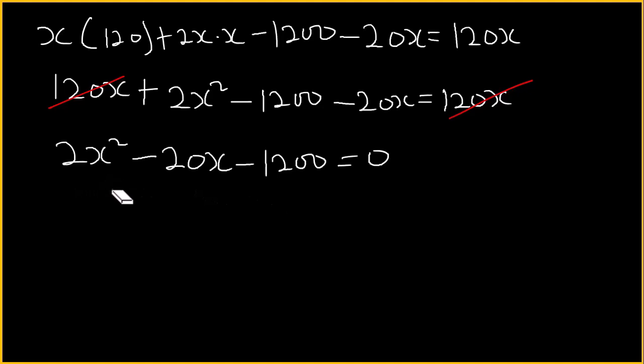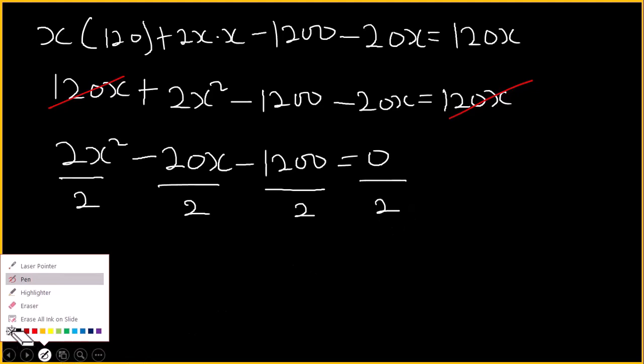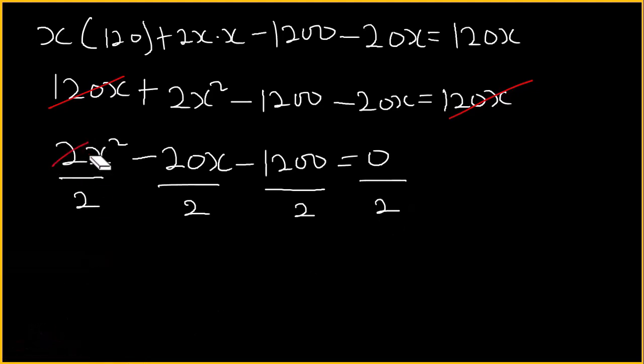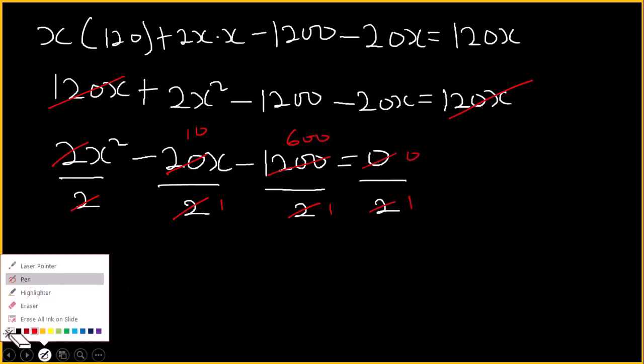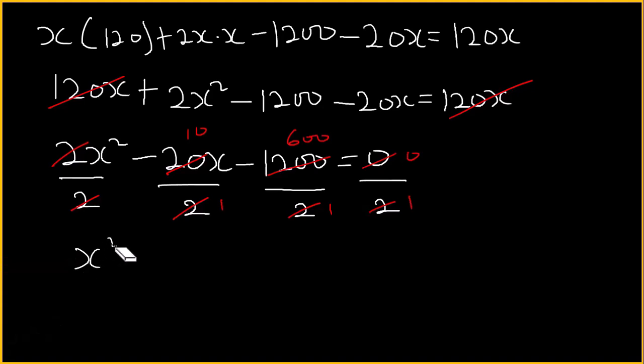Divide through by 2. 2 into itself 1, 2 into 20 is 10. 2 into itself 1, 2 into 1200 is 600. 2 into itself 1, 2 into 0 is 0. So we have x squared minus 10x minus 600 is equal to 0.